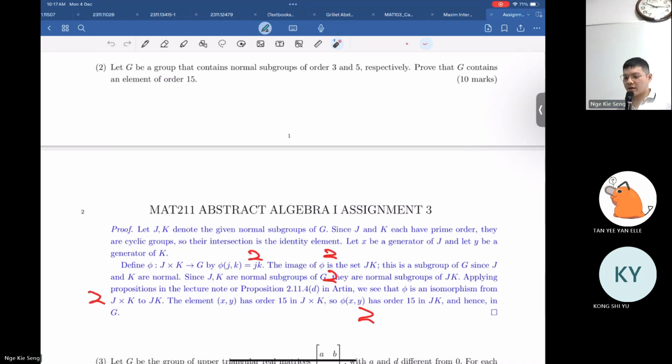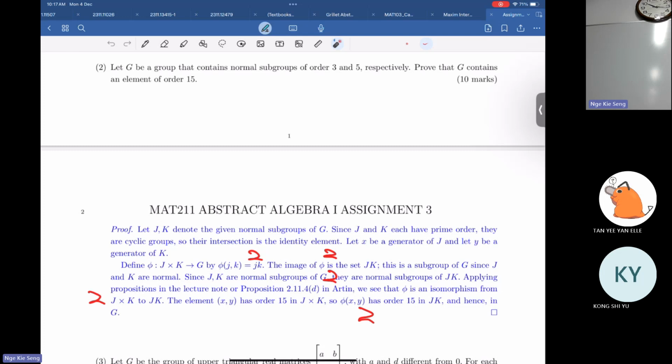Question 2. Let G be a group that contains normal subgroups of order 3 and 5, respectively. Prove that G contains an element of order 15. Okay, so one way is you use the injective product homomorphism that we discussed in class, the proposition, or some of you just figured out what element you can pick.